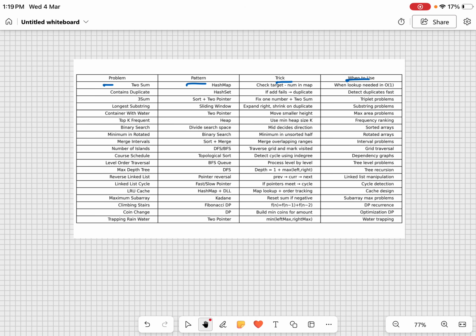And these are the number of problems displayed here. So instead of memorizing 200 problems, we just focus on recognizing the patterns behind the problem. So if you are going for any interview, just go through this sheet for a quick revision. That would be very helpful to recognize the pattern.